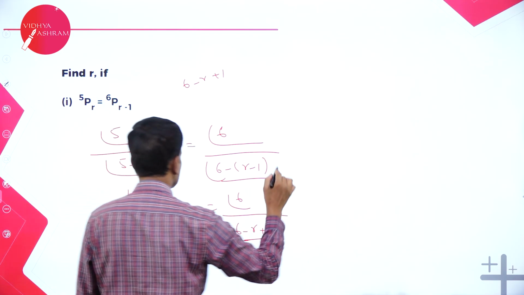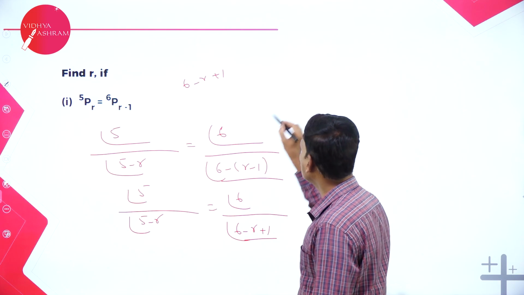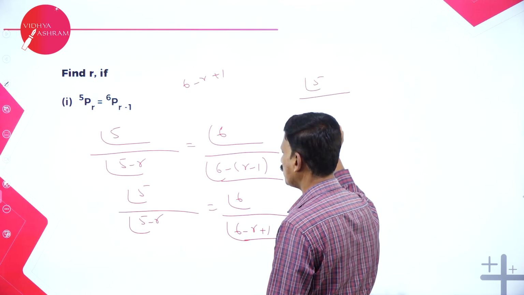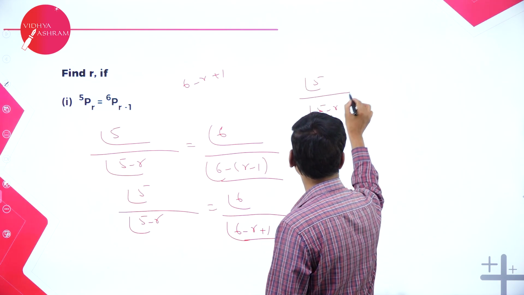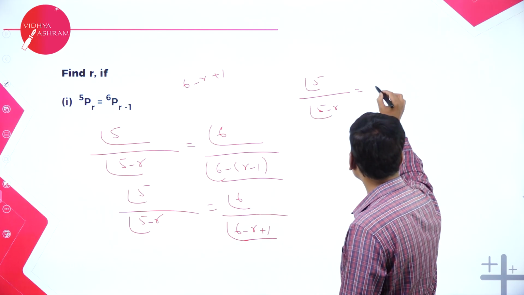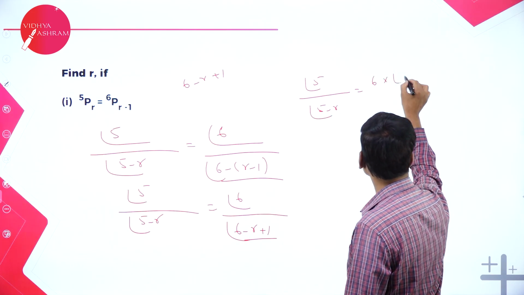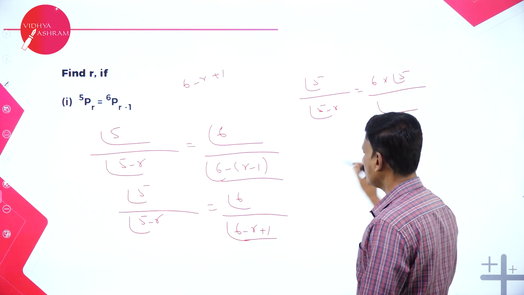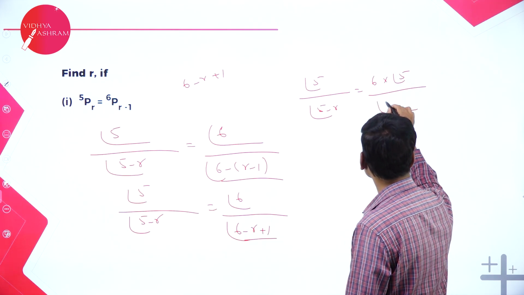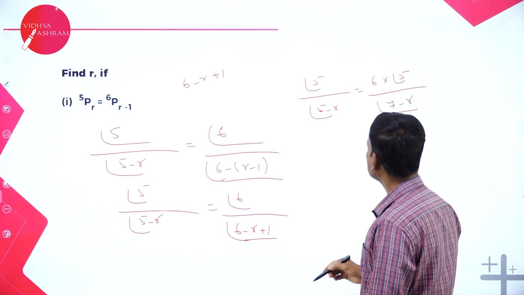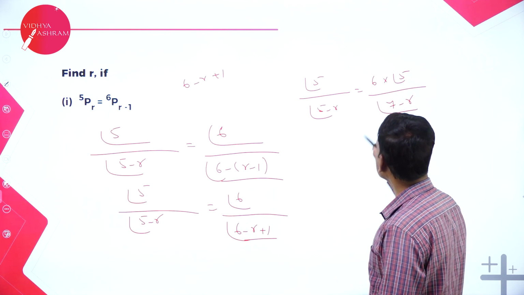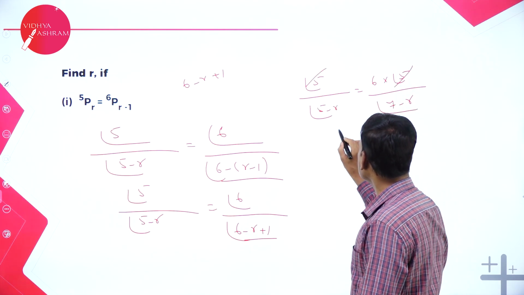So that is 5 factorial as it is divided by (5 minus R) factorial, equal to 6 factorial, which means 6 into 5 factorial, divided by (7 minus R) factorial. Now 5 factorial gets cancelled.